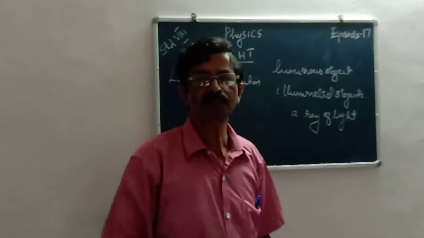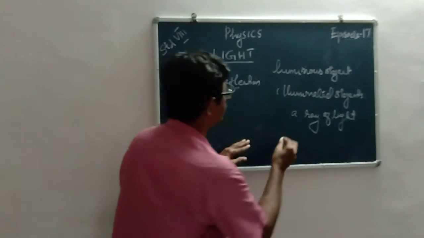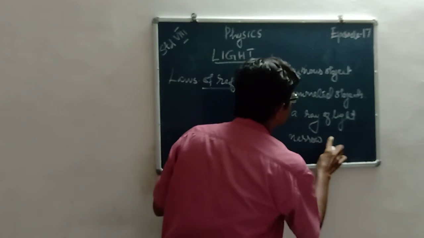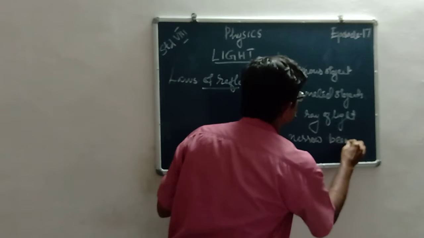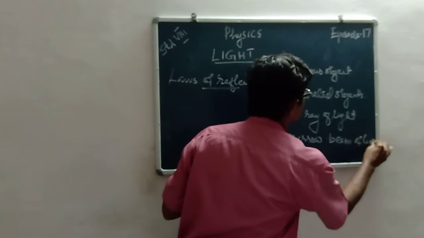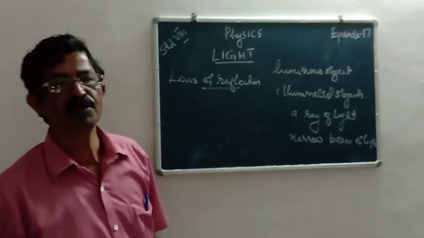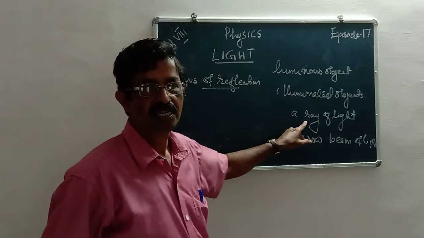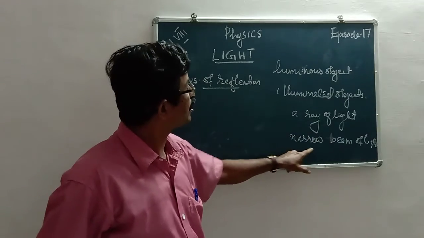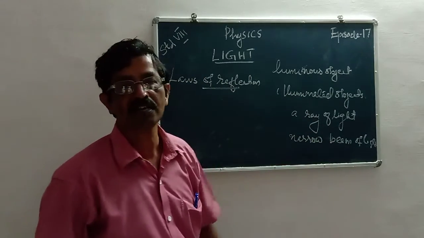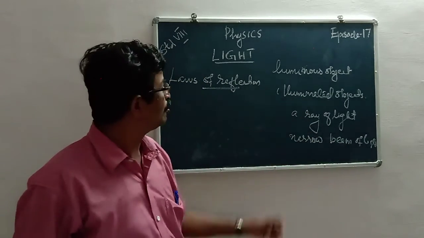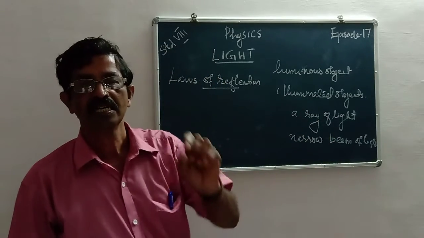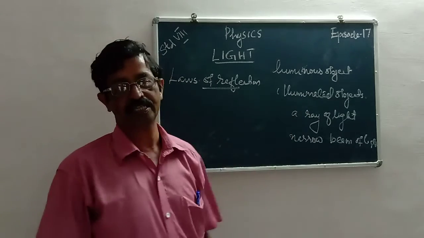A narrow beam of light we generally take as a ray of light, but actually it consists of several rays. Still, a narrow beam of light we take as a ray of light.